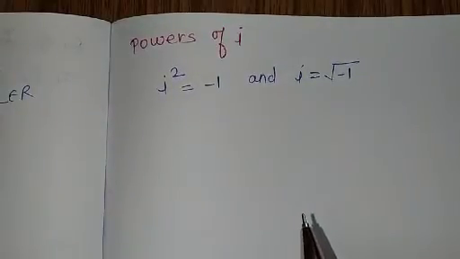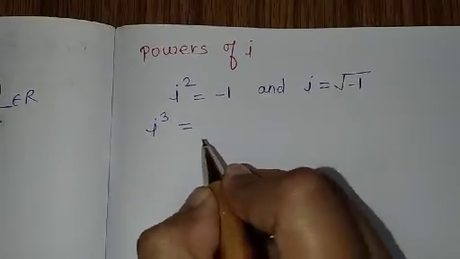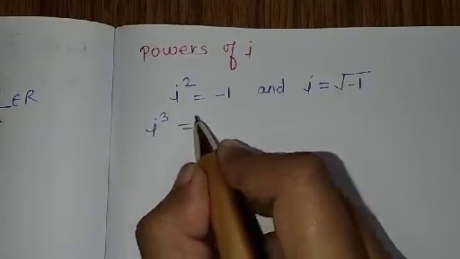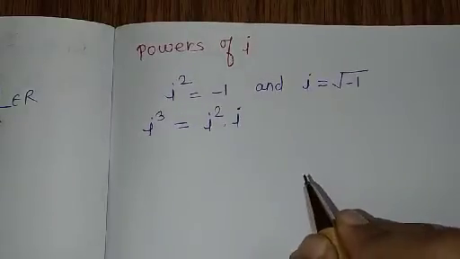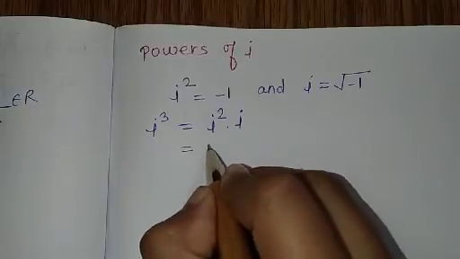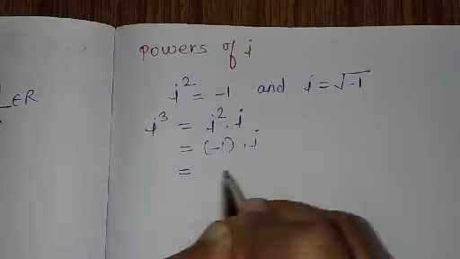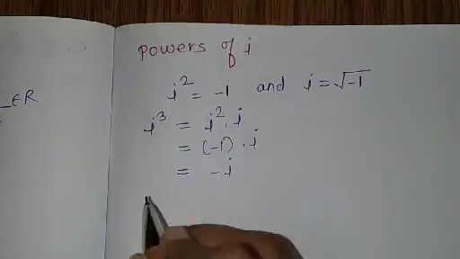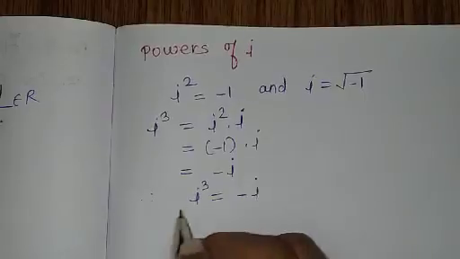From this we can say that iota cube can be written as iota square into iota using laws of indices. Therefore iota cube is minus 1 into iota, which is equal to minus iota.